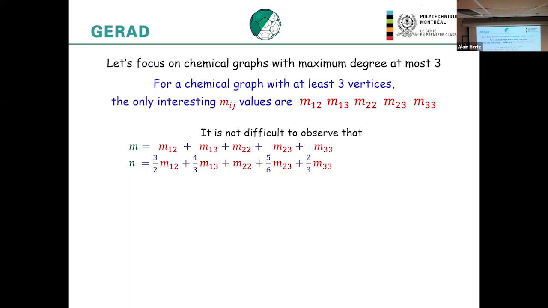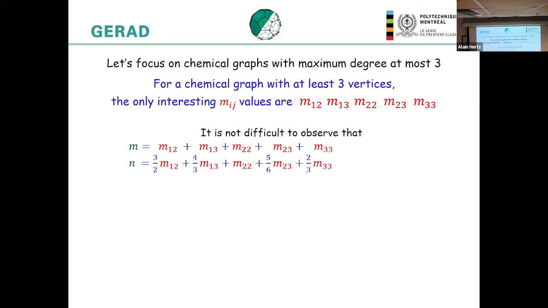So I can write m and n with these 5 variables. And since we are supposing that m and n are given, I can just choose 3 variables, and then the 2 others can be deduced by these 2 equations. So that's why we work with only 3 variables.